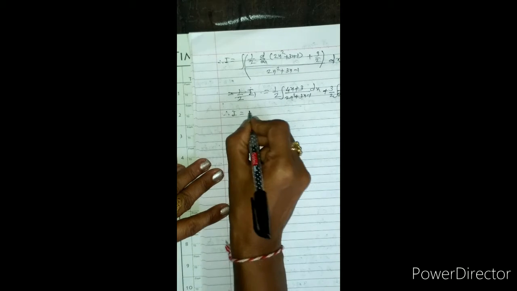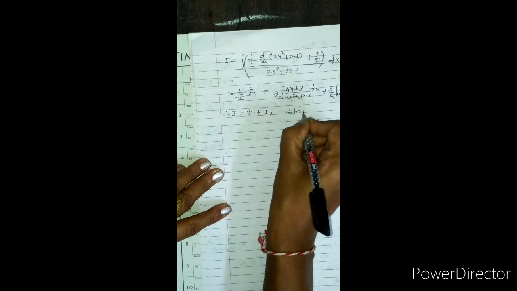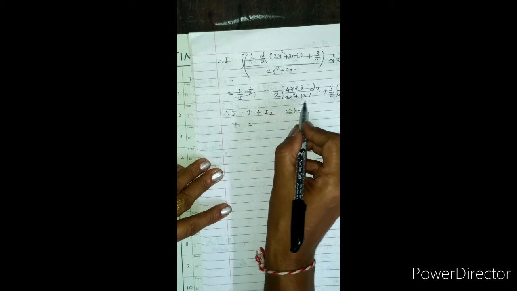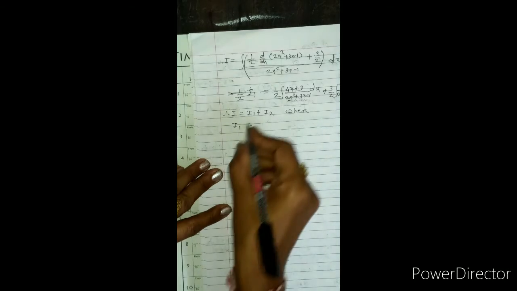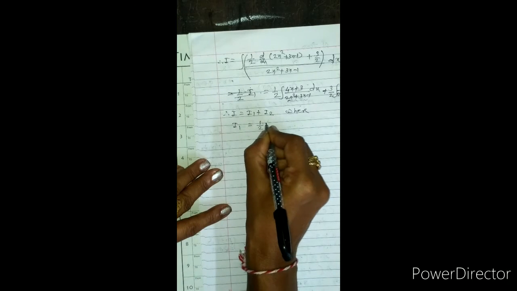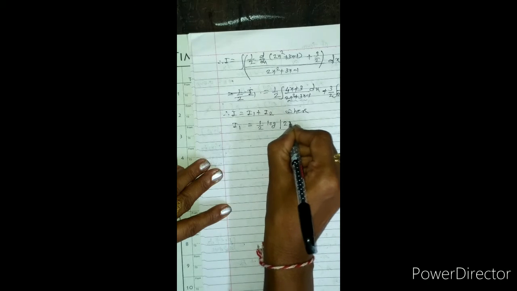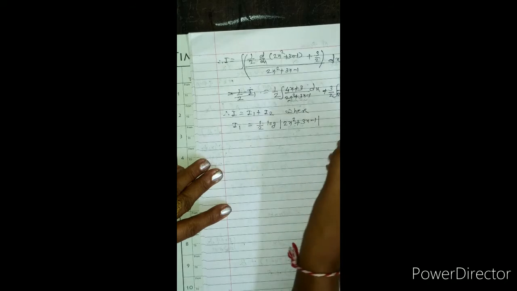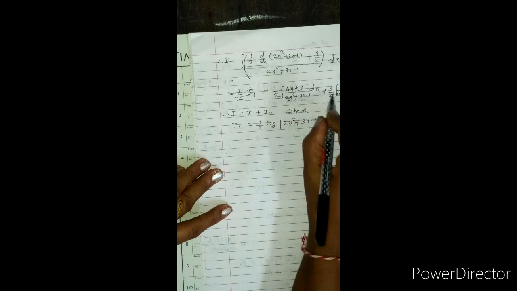So I becomes I1 plus I2. For I1, you know that if the denominator is equal to f(x), then the numerator is f dash x. So we get the answer as half times log of the modulus of the denominator, 2x square plus 3x minus 1, and we add the constant after evaluating I2.